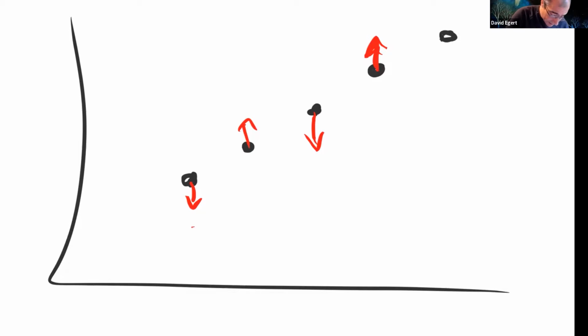But if you have enough data points, you're assuming that the people who are jumping higher than they would have truly jumped, versus lower than they would have, are all canceling each other out. So the more subjects you get, the more the true signal comes up above the noise, so to speak, if that makes sense.